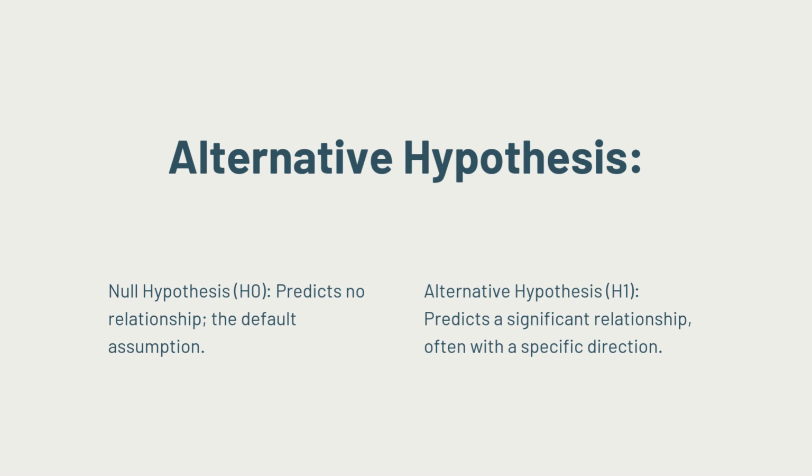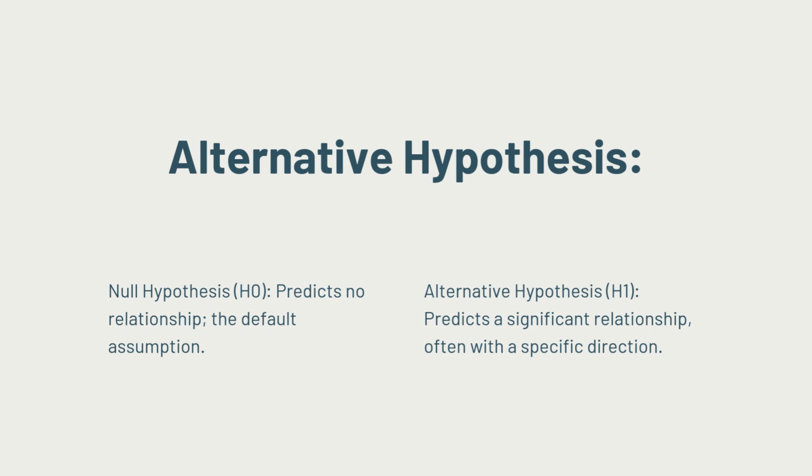So, in this example, we're saying that according to the null hypothesis, exercise does not have any measurable impact on stress. And that if any relationship exists, it would be just because of some random variation.